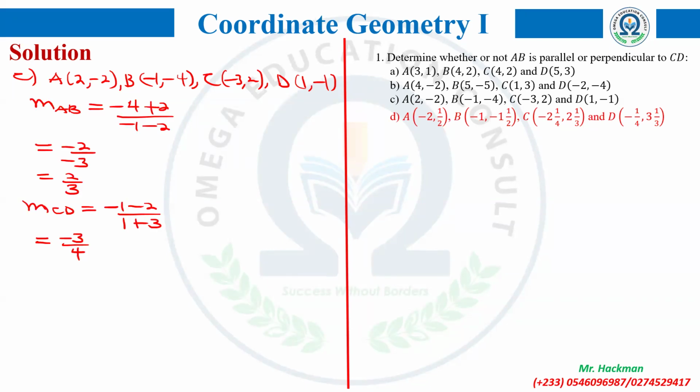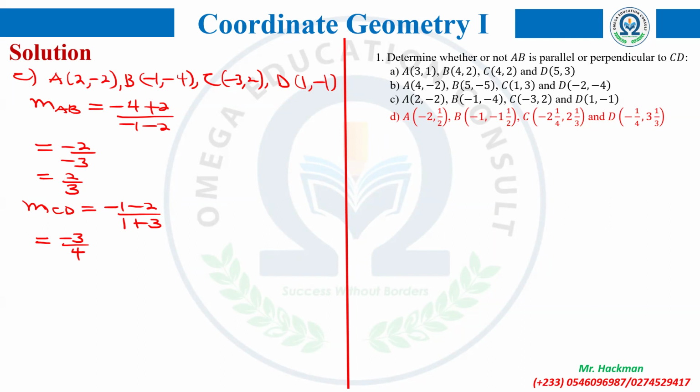Okay, so finding the gradients of AB and CD, we ended up getting these two. Again, you can see that they are not equal, and the product does not give us -1. If this resulted in -3/2, then the product would give you -1. Is my point well made? In that case, you would say that the lines AB and CD are perpendicular, using the symbol for perpendicular.